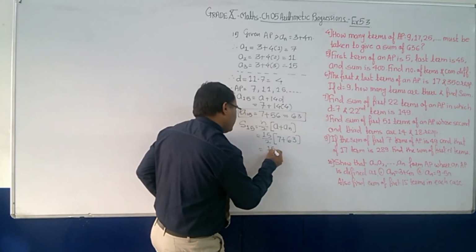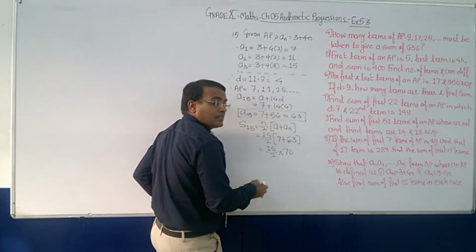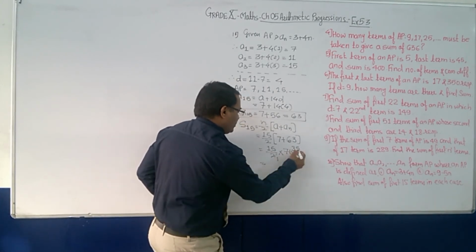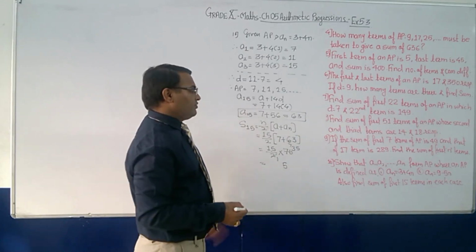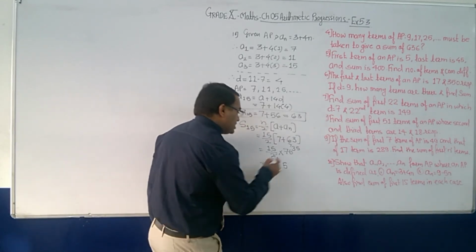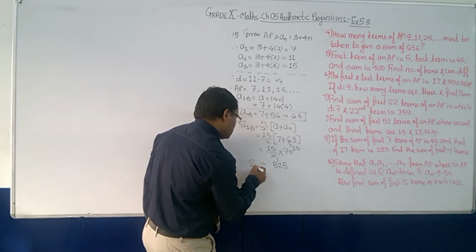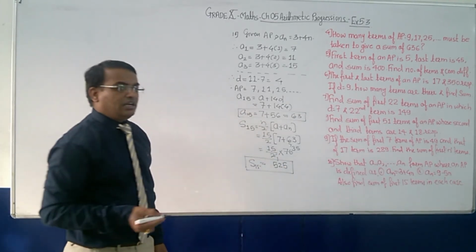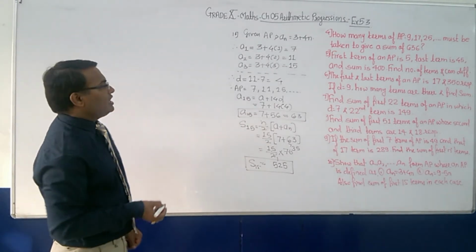So 15 upon 2 into 7 plus 63, that is 70. 2 35s are 70, so 15 into 35. 15 5s are 75, 15 3s are 45, 45 plus 7 is 52, so that is 525. That is S15. The sum of the first 15 terms is equal to 525.